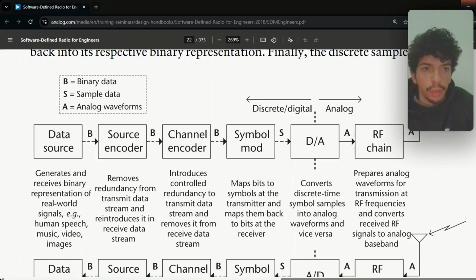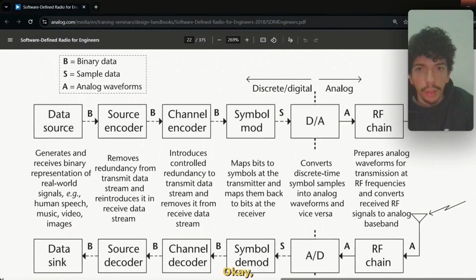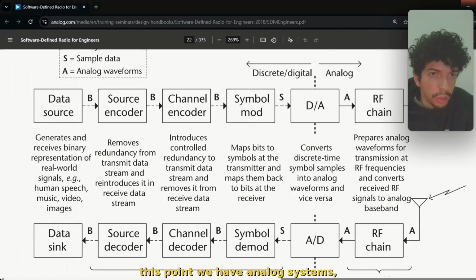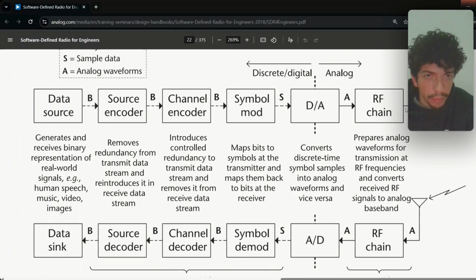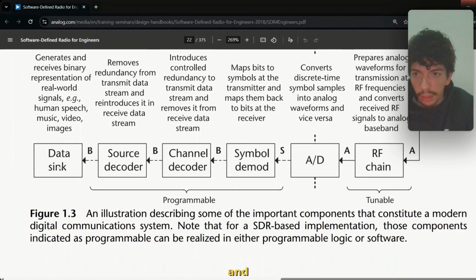Okay, all this is modulation. And at this point we have a discrete digital signal, and at this point we have analog signals. And in this we have data sink, source decoder, or whatever.